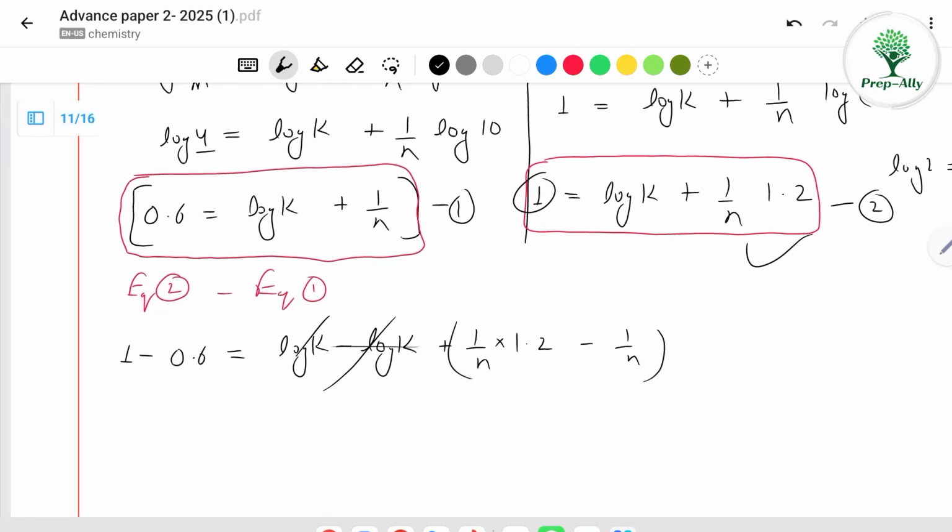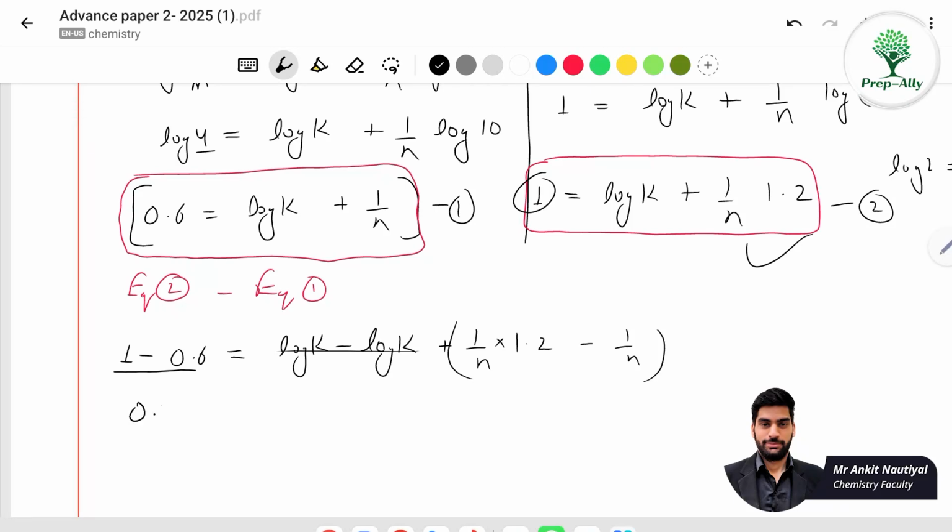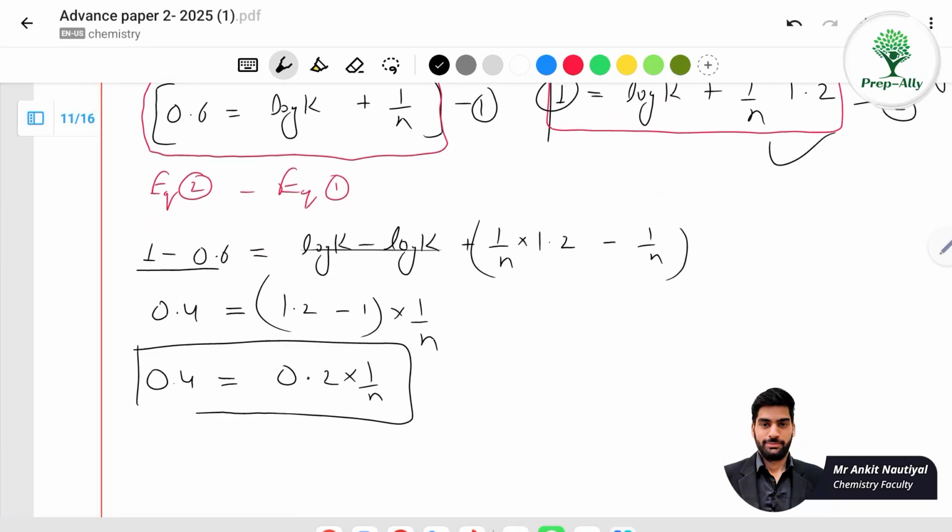Now these two values will cancel out. 1 minus 0.6 will become 0.4 is equal to, and after that we can take common from here, so 1.2 minus 1 multiplied by 1 upon n. So 0.4 is equal to 0.2 multiplied by 1 upon n. So this is the final 1 upon n value we are getting.